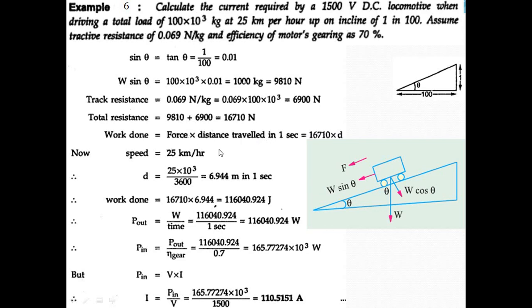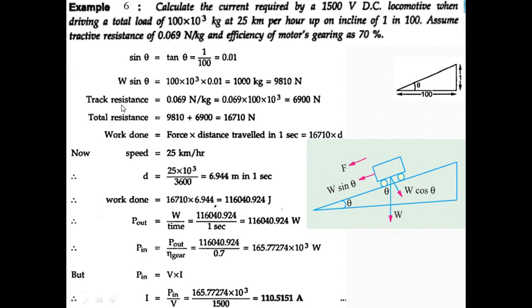For finding the force, we have to consider the opposing force. So W sin theta and the tractive resistance, that is the frictional resistance between wheels and the road, oppose the motion of the locomotive.